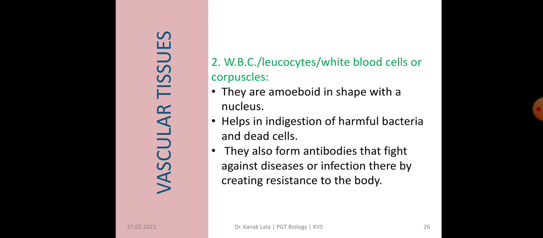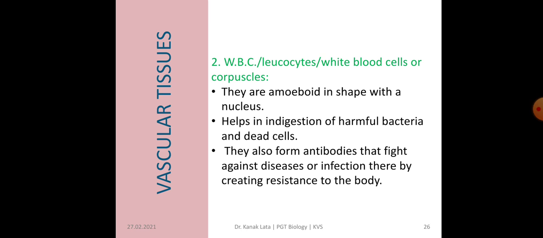Next is WBC. WBC means white blood cells or white blood corpuscles, also called leukocytes. They are amoeboid in shape with a nucleus, whereas RBC don't have a nucleus. It helps in ingestion of harmful bacteria and dead cells.